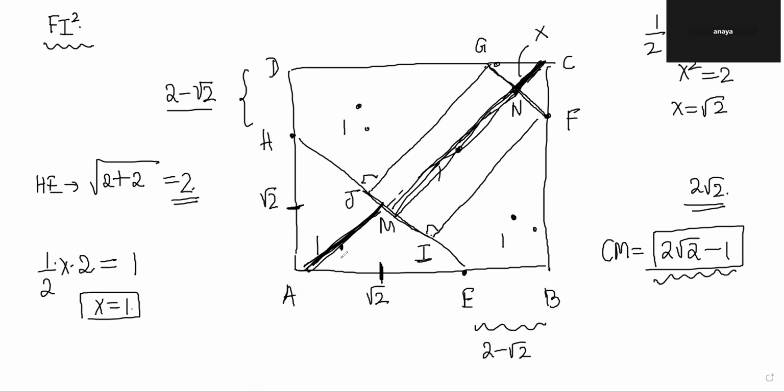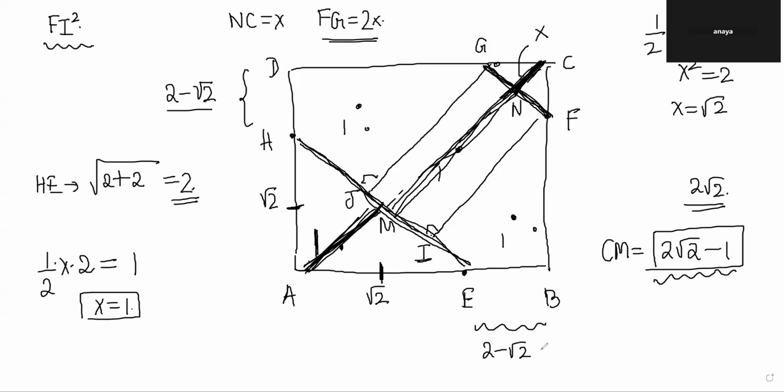By the way, from the pattern in this side, we got this length as 1 and HE as 2, right? Notice we did the calculations. HE was having length 2, then this length was 1. So if this is x, then this is 2x, right? Because it's the same symmetrical pattern. So if NC is x, then FG is 2x.